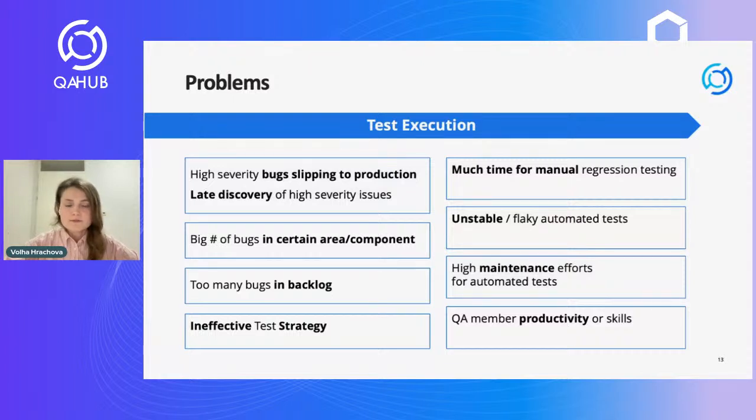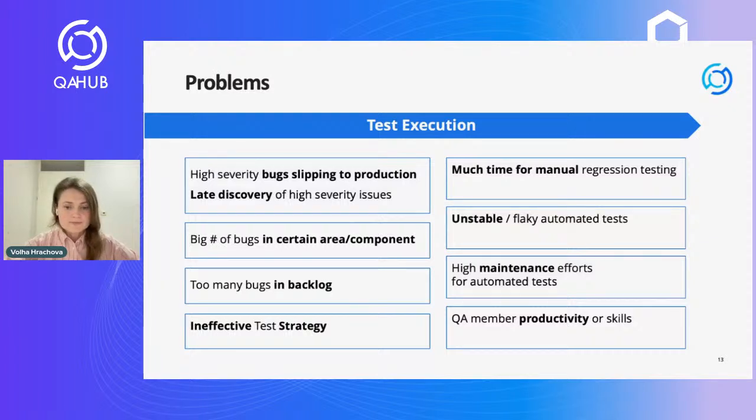Sometimes we have an ineffective testing strategy. Of course, we may have no test strategy, which is a bad case obviously, but sometimes we have some test strategy and we somewhat rely on it, but this test strategy is outdated, no longer effective, and we rely on something which is not really up to date.